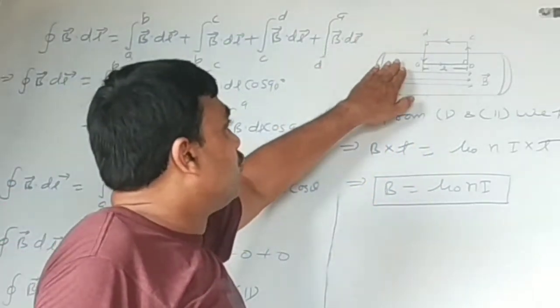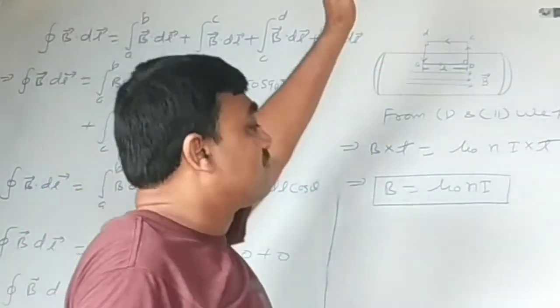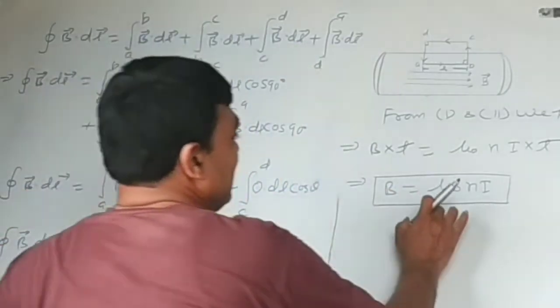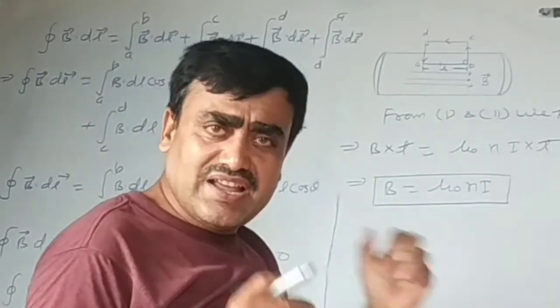Inside, a uniform magnetic field B is located, while outside the magnetic field is 0. This is the required relation: B is equal to mu naught n I.